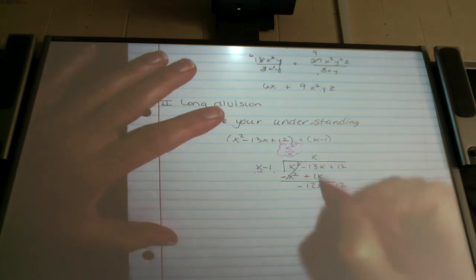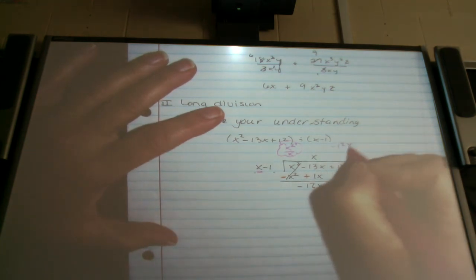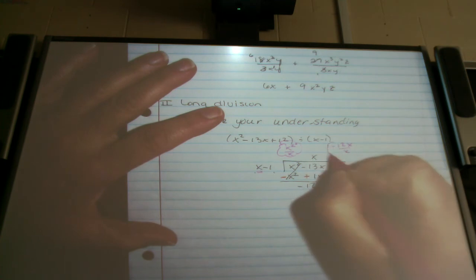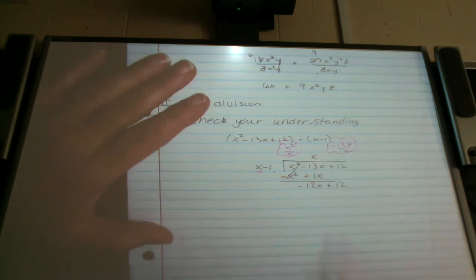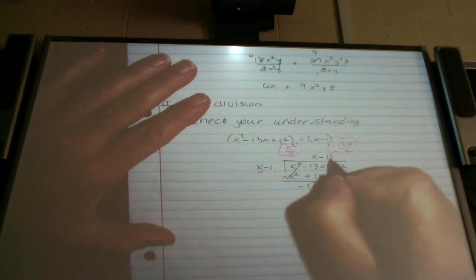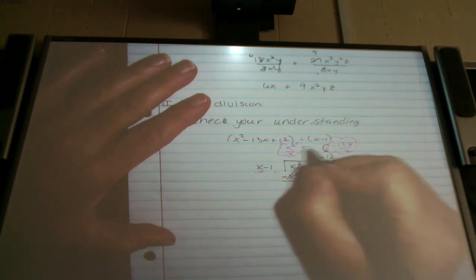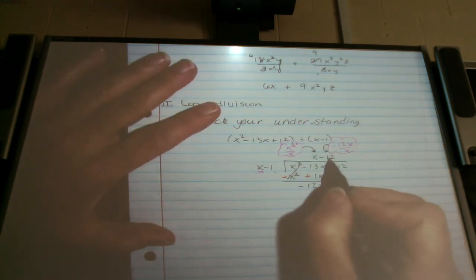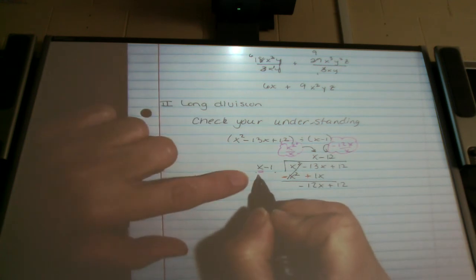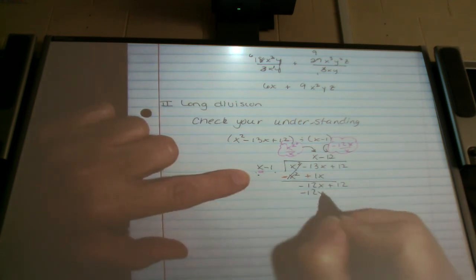Then I want to know, well, how many times will x divide into 12x? Well, that's a minus 12. So I'm going to go minus 12. And now I take the negative 12 and multiply both of these by negative 12. So that's negative 12x.